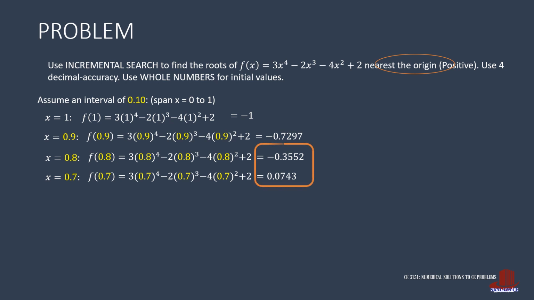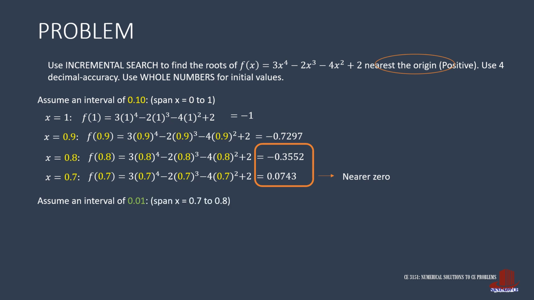This shows the jump, so we need to end our iteration. But since we have not reached the required accuracy yet, we solve for smaller intervals. But the limit used this time is with x equal to 0.7, as its result is nearer 0. Next is to use smaller intervals.